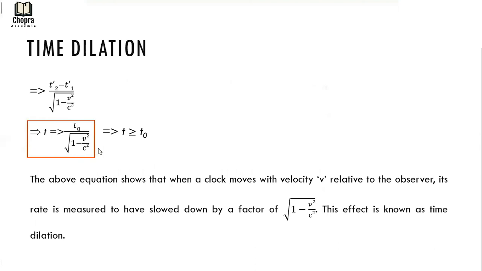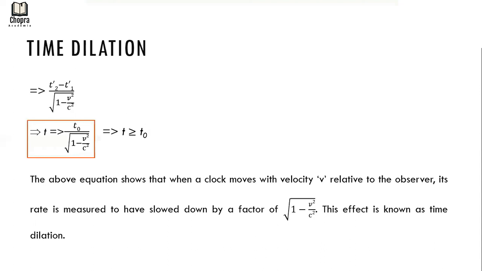T is greater than or equal to T naught, and T is the time measurement made by the observer O in frame S. So that is why you see the time has got expanded, dilated for this observer.